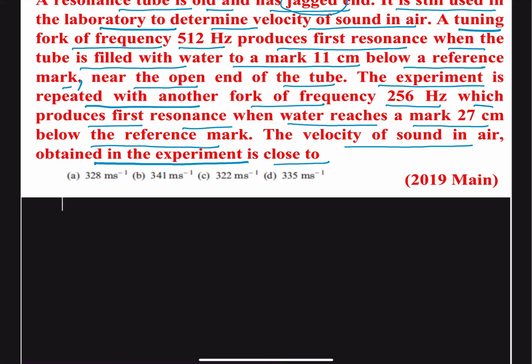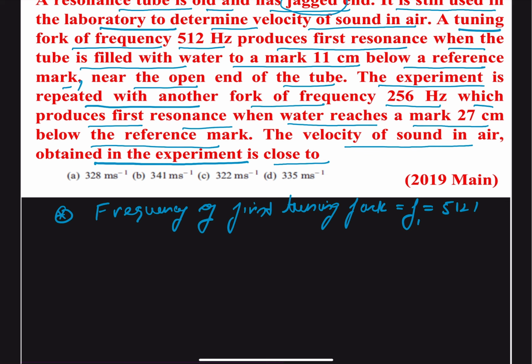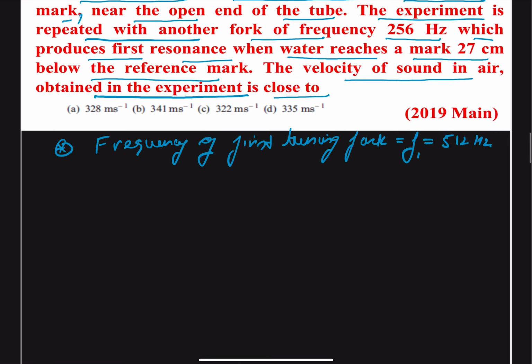We are given that the frequency of the first tuning fork, let us suppose it is F1, is given as 512 Hz, and the length of air column is given in centimeters.